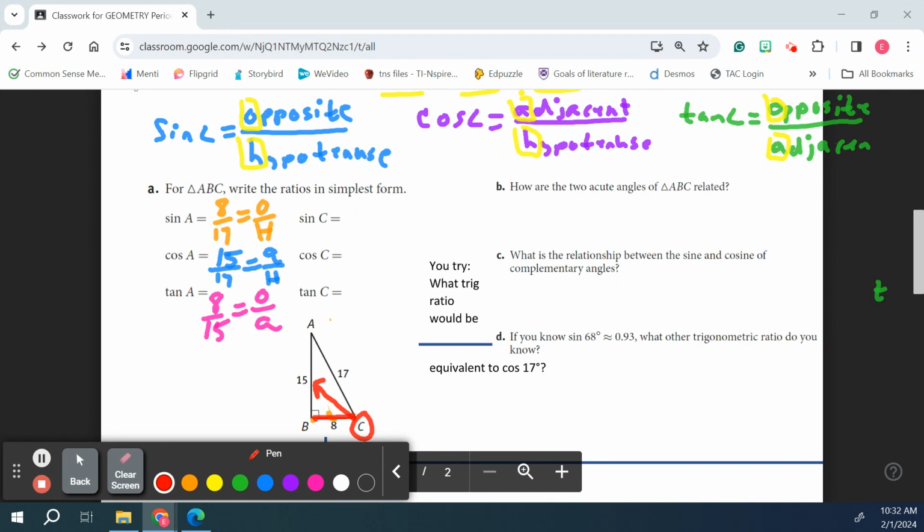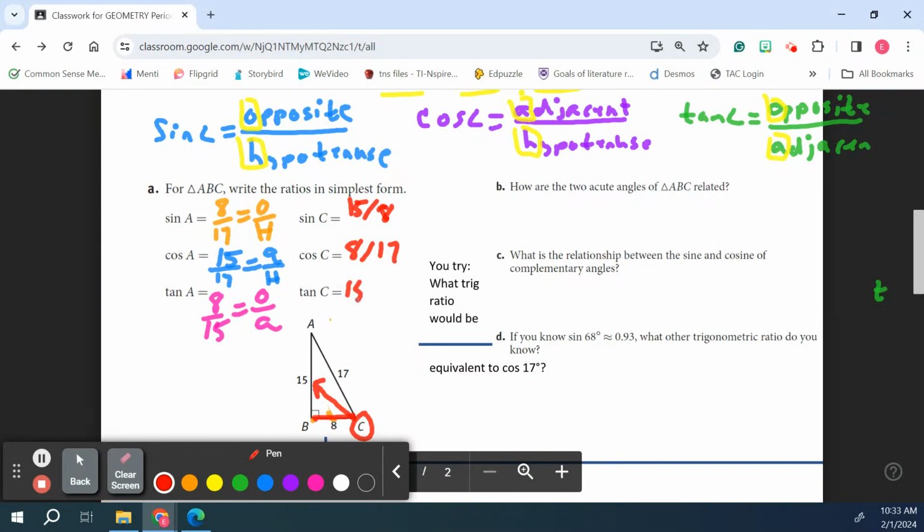So we're going to do 15/8. All right, cosine of C, Rebecca. 8/17. And then the tangent of C, Yana. What'd you get? 15/8. You got 15/8 for the tangent?